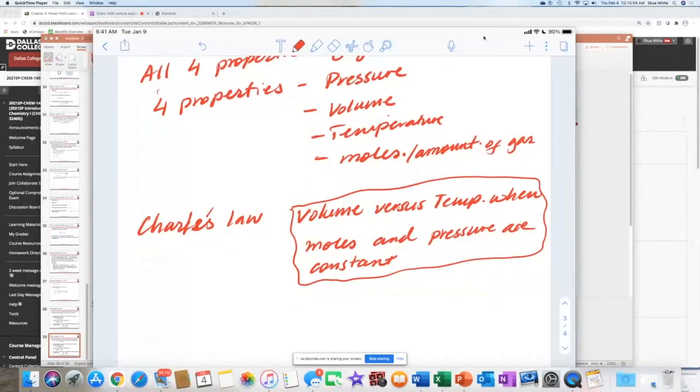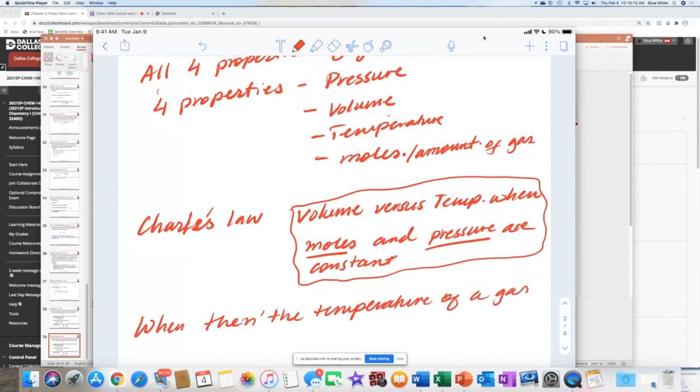Now I know where this is going, right? We've got volume versus temperature when moles and pressure are constant. So remember, the other two have to be constant. So we're told, when the temperature of a gas is increased, comma, the volume increases.